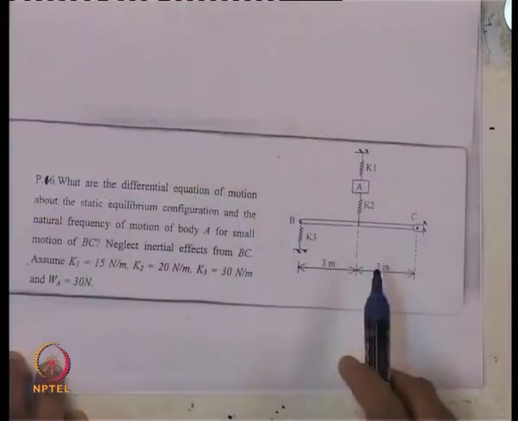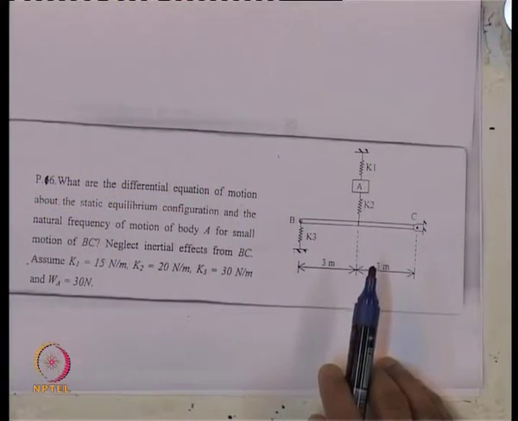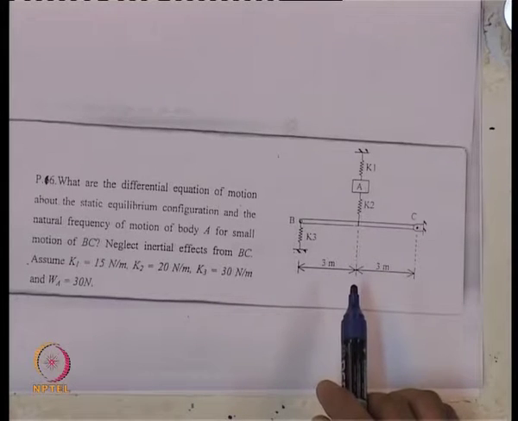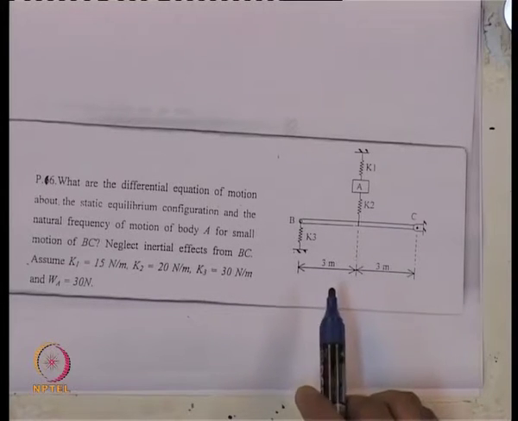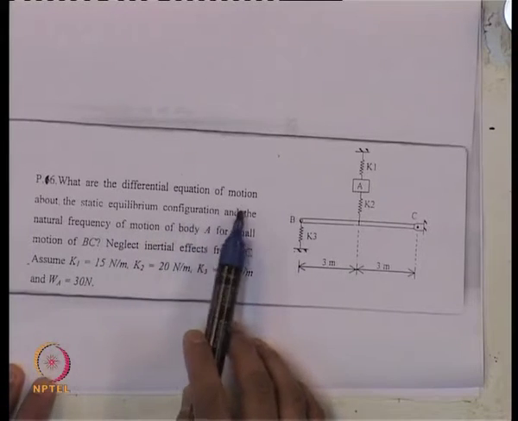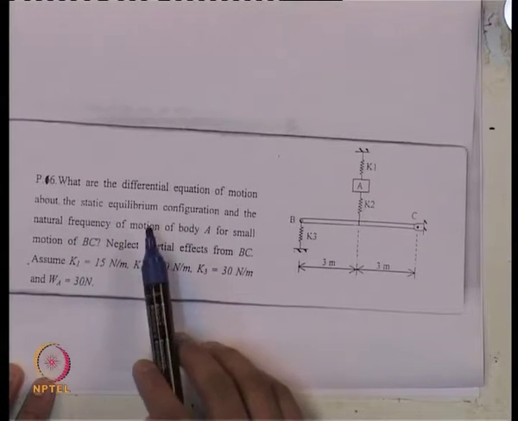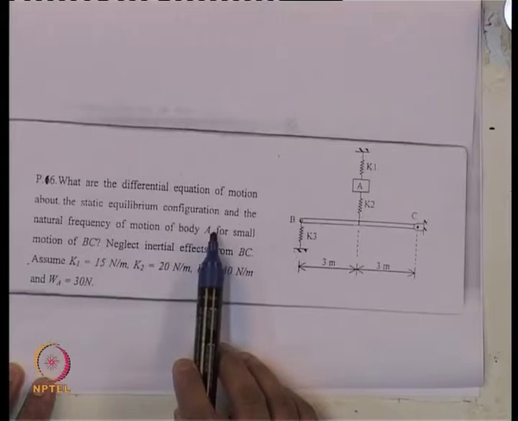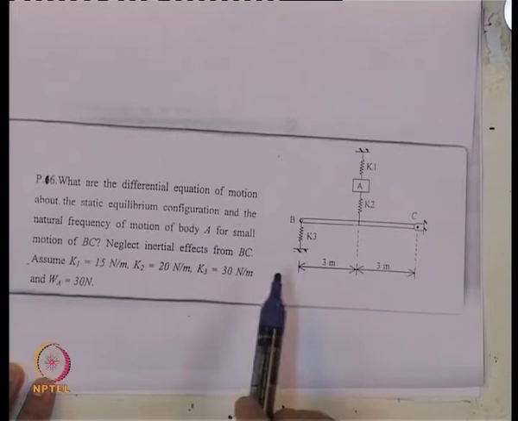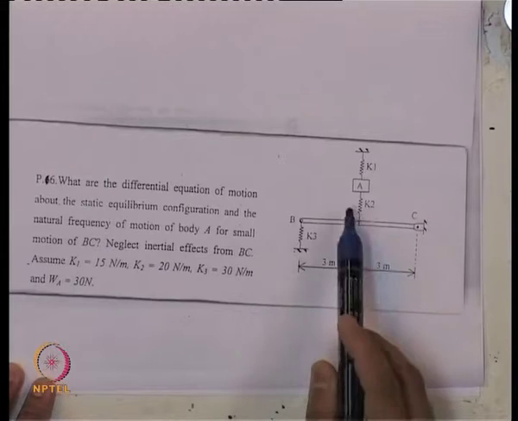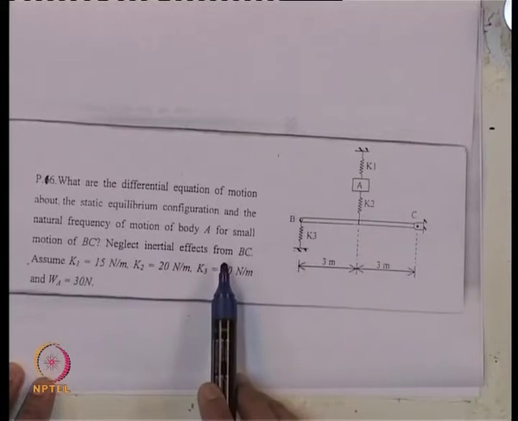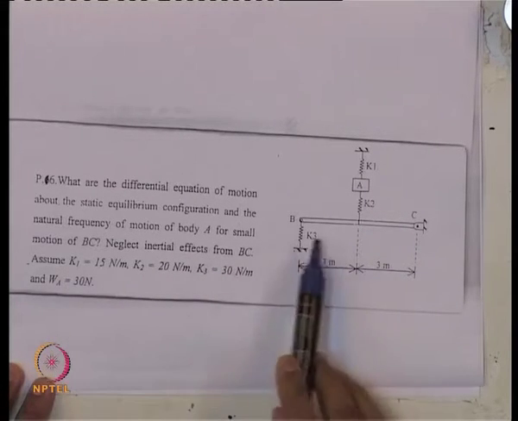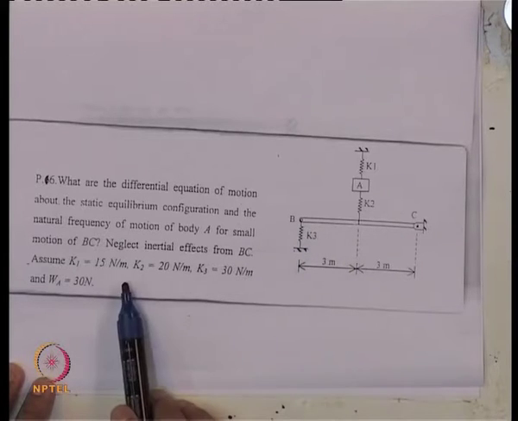Fine. Now, let us move to the next problem, problem number 6. Let us look at the problem here. One system is given here. It asks for the differential equation of motion about the static equilibrium configuration and the natural frequency of motion of the body A, for a small motion of this rod BC.